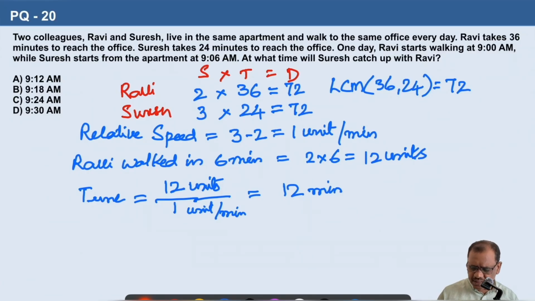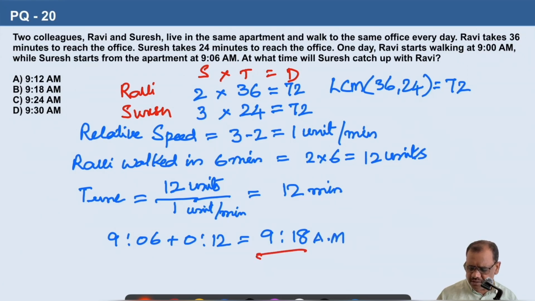He is starting at 9:06 a.m., and after 12 minutes, add 12 minutes, so that is 9:18. 6 plus 12 is 18. At 9:18 a.m., Suresh will catch Ravi. So the correct answer is option B.